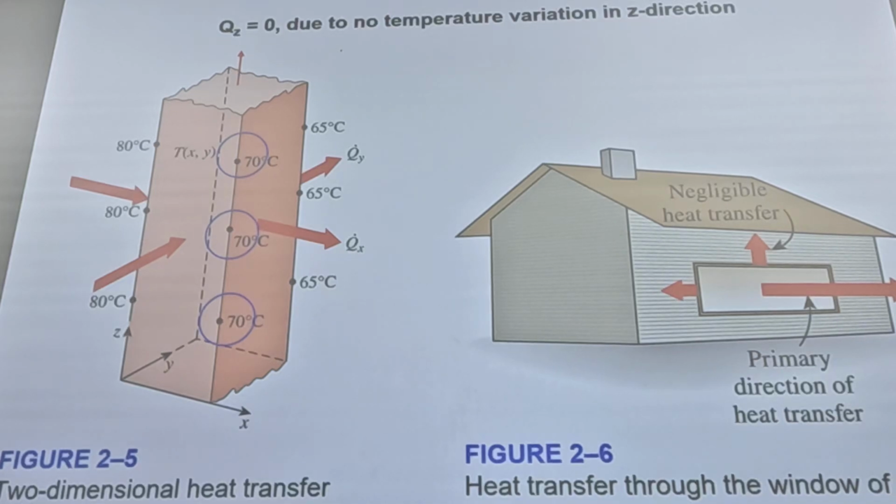Or for example, if it's only one window at a certain position of the house, then you can consider there's a primary direction of the heat transfer. Then you can neglect the other directions.